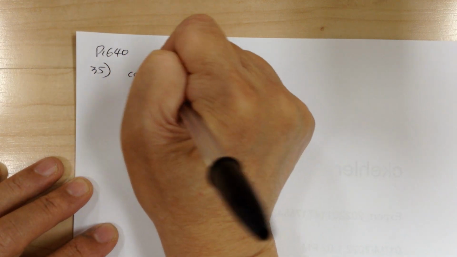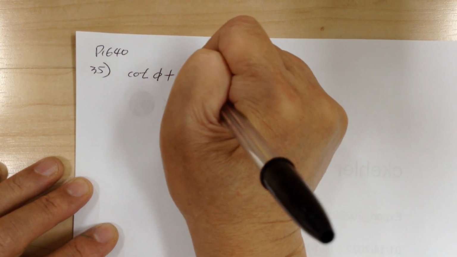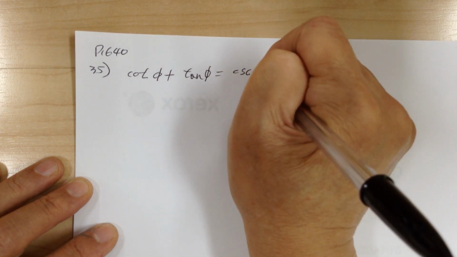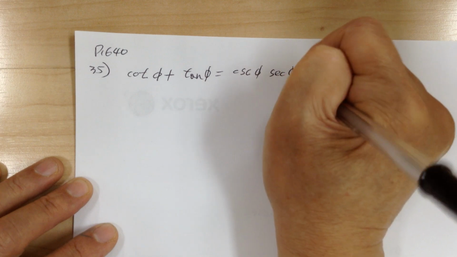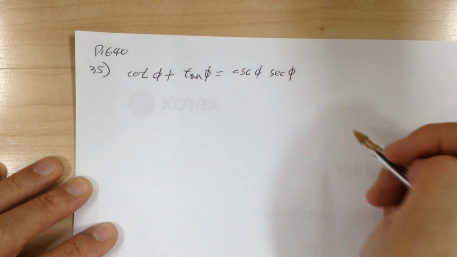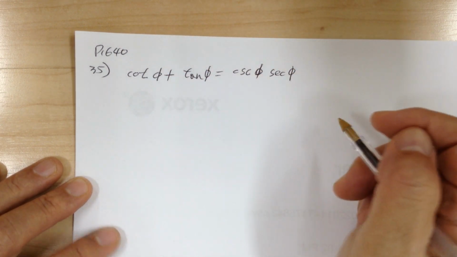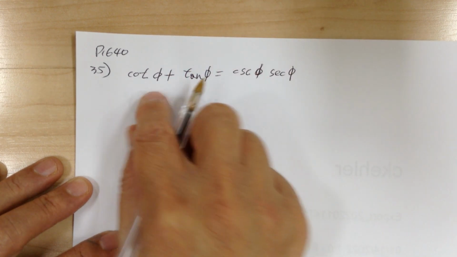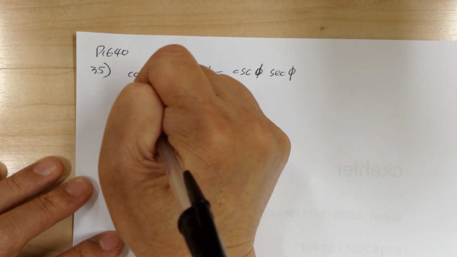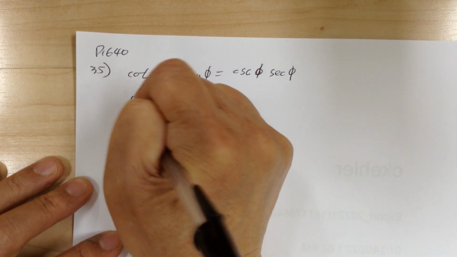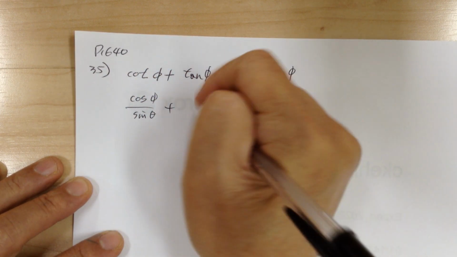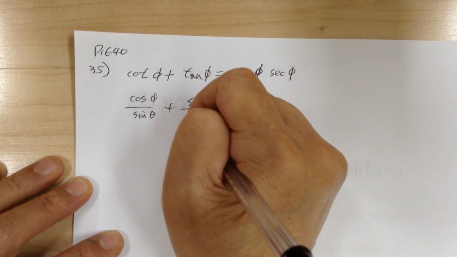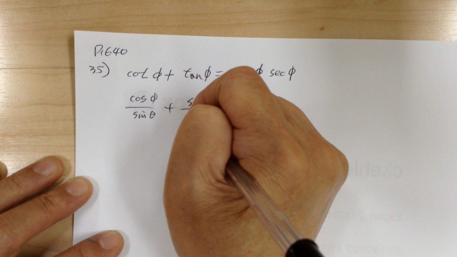You've got cotangent phi plus tangent phi equal to cosecant phi secant phi. Let's go and do this side. Cotangent equals cosine over sine, and tangent equals sine over cosine.